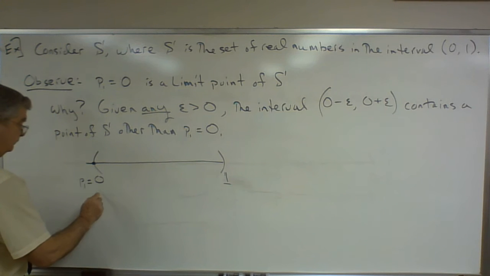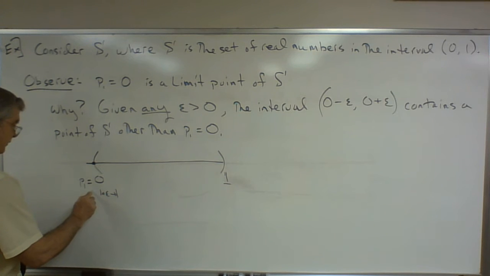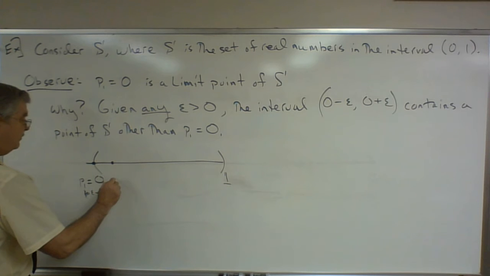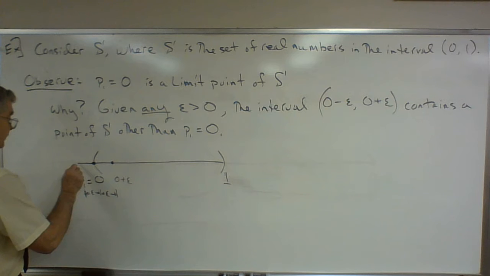Maybe epsilon is just this distance. So here's 0 plus epsilon, and here's 0 minus epsilon.